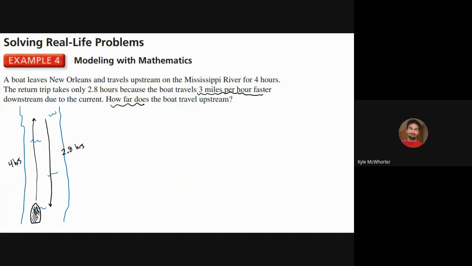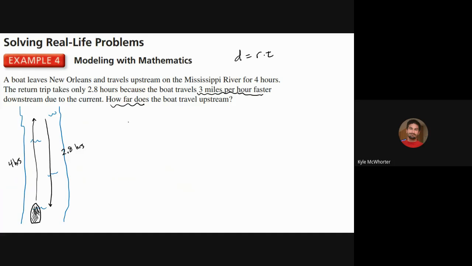So we have this equation, distance equals rate times time. Going upstream, they went a certain distance, right? And then when they came back, they went the exact same distance, right? So the distance that they traveled is the same in both directions.